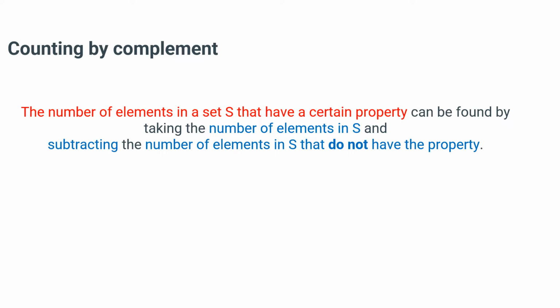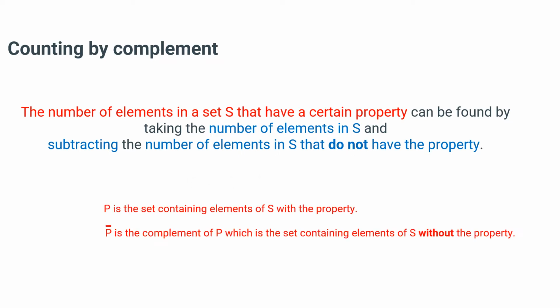Then I could say that the number of M&Ms in that bowl that are red would be equal to the total number of M&Ms minus the number of M&Ms that are not red. Now you might think that might be harder in the case of M&Ms, but you'll see that there's a lot of other situations where it's easier to solve the problem if we use this rule.